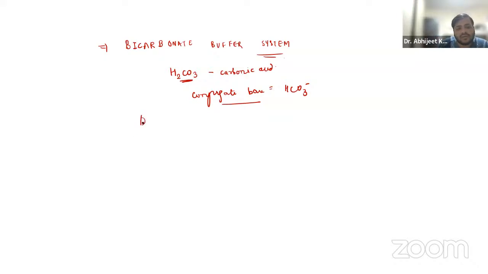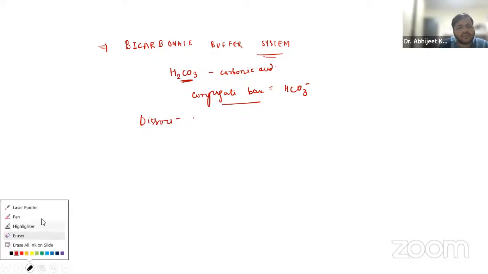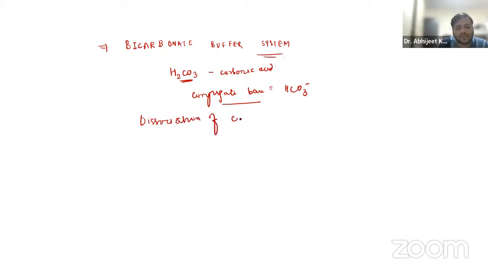Now, dissociation of carbonic acid is as follows.